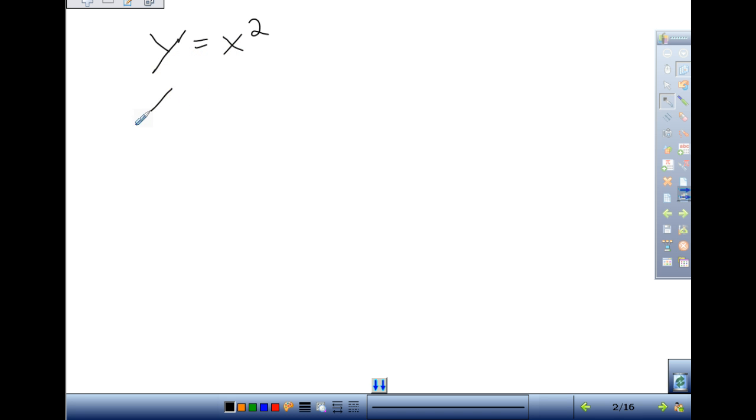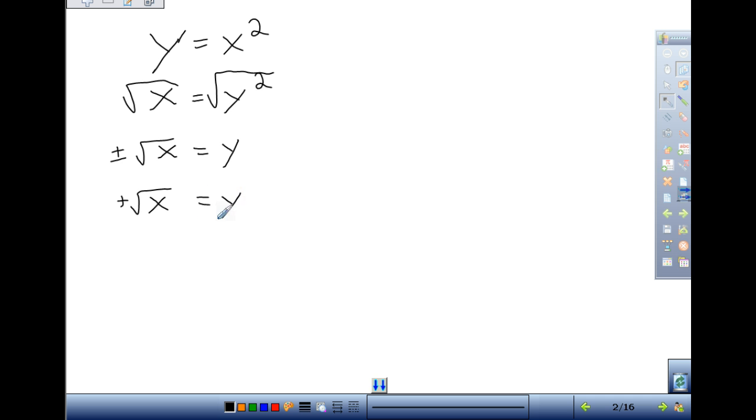So we switched the two, x equals y squared. Then we solved for y so we could graph it. To solve for y, we had to take the square root. And technically, when you take the square root of both sides, you get plus or minus root x equals y. However, for our graphing purposes, since we wanted to graph a function, to keep it just a function, we only graph the positives. So that was called the inverse.